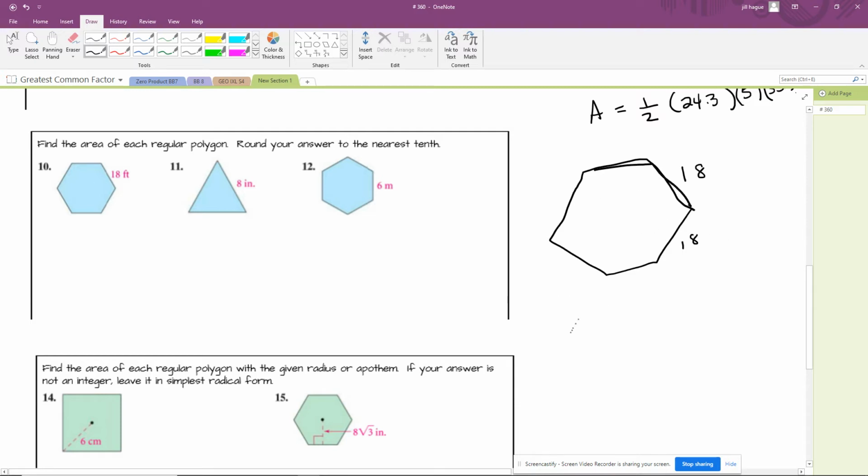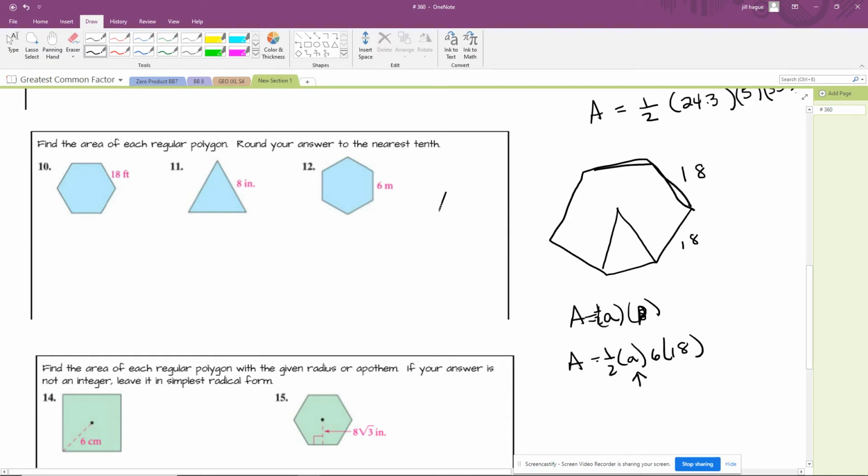So if I'm trying to find the area, it would be great if I knew the apothem, right? Because I could do 1/2 the apothem times the perimeter, and we know the perimeter right now is going to be 6 times 18. So all we need is the apothem, and we can make our formula correct. So how do we find the apothem? Let's take a look at this triangle right here, or any of the triangles.